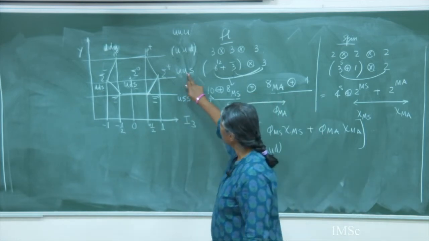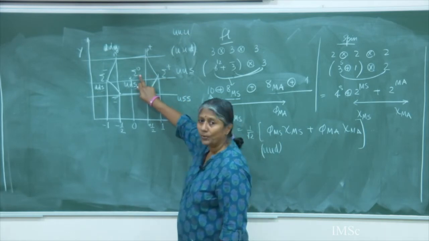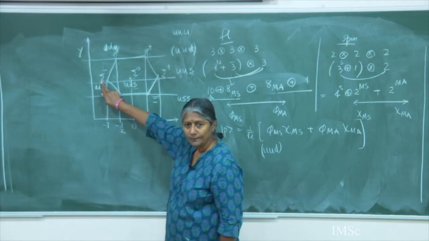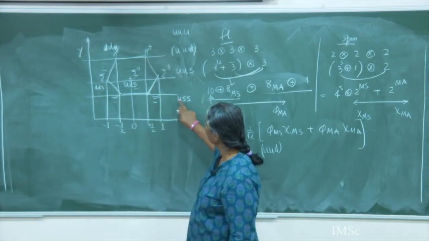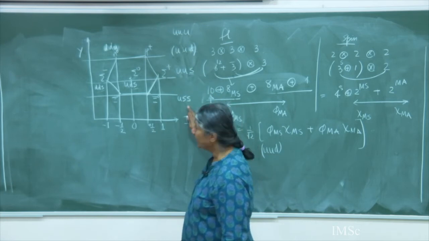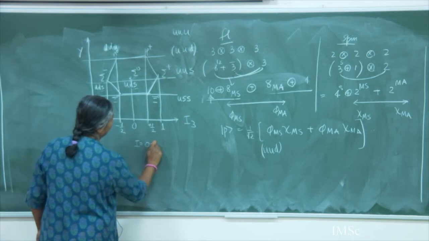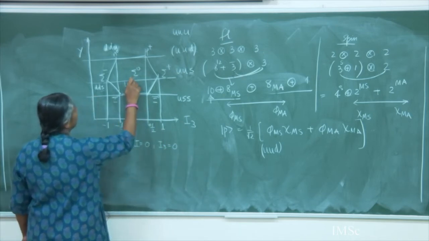So this is I is equal to 1, I3 is equal to 1; I is equal to 1, I3 equal to 0; I is equal to 1, I3 is equal to minus 1. And this is I is equal to half, I is equal to half. However, in this combination, there is one more left out, which is I is equal to 0, I3 is equal to 0.